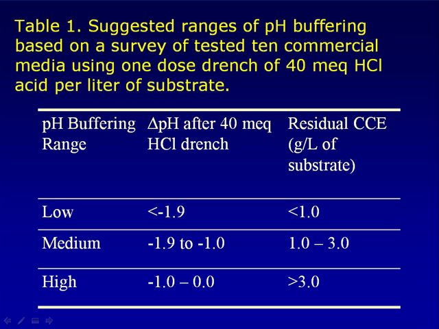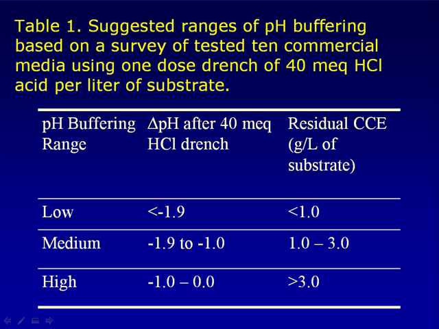Now here's our interpretation table. It's based on the work we've done with commercial and research growing media. If you run through this method and you measure the pH drop or delta pH after you add 40 milliequivalents of HCl, you can compare it with this table to get an idea of how well buffered that growing medium is.